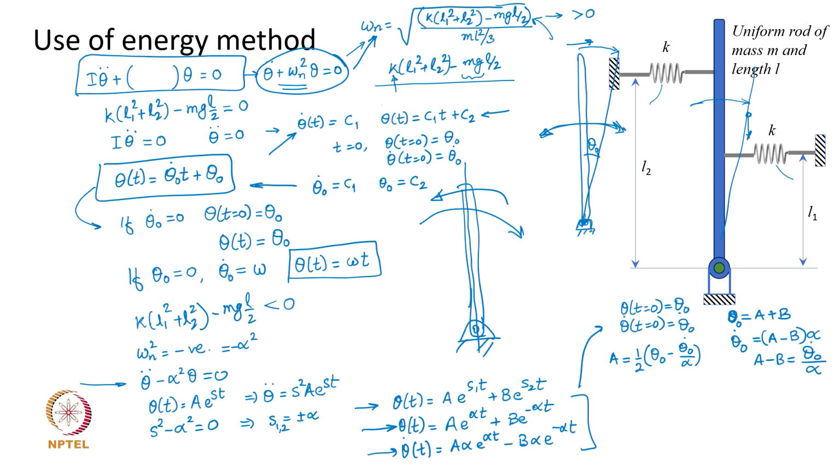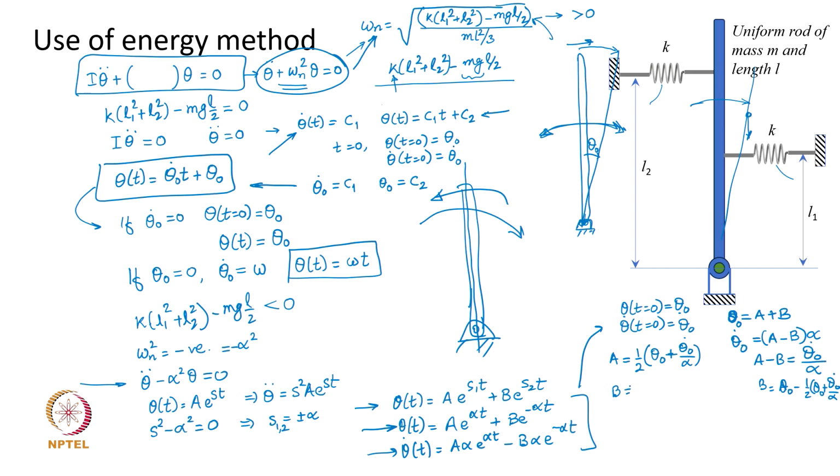Oh sorry, this should be plus, and you can definitely substitute for a in this expression to get b, and then of course b will be equal to theta naught minus a, and a itself is half of theta naught plus theta naught dot by alpha, right.